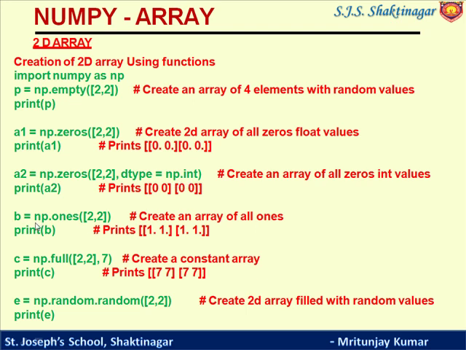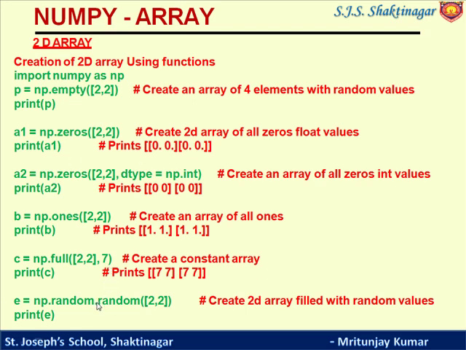Similarly, if I have to create an array of all ones, I can write 2, 2 like this. If I have to create a constant array that stores all 7 values, I can write c is equal to np.full 2, 2, that will create a 2-dimensional array that contains 4 elements, and all the elements will be 7.